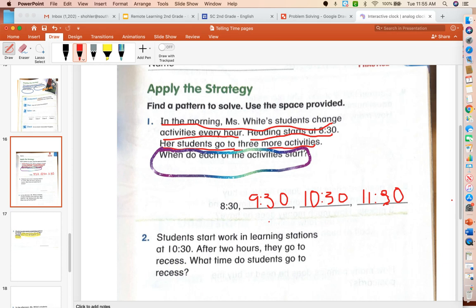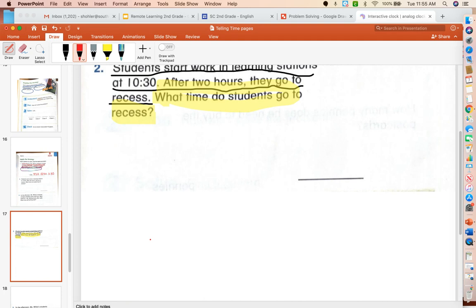The fourth thing on our steps is to make sure our answer is reasonable. And I think our answer is reasonable. Look, it follows that pattern. It doesn't have something like 2:30 or 6:30 where there's something very different than what we should have on our lines. All right, let's look at the next one.